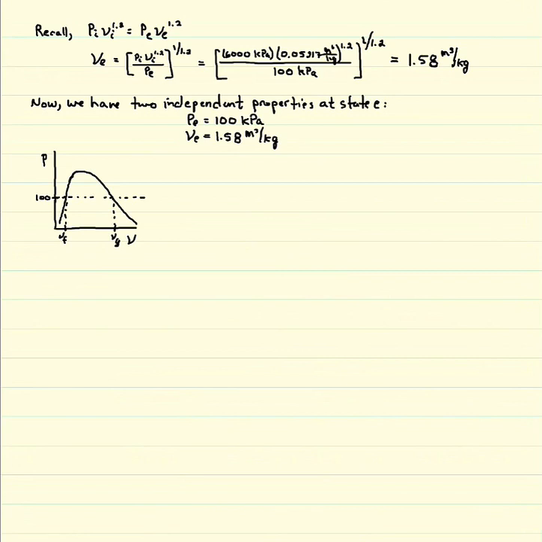So we can look up in table A5, for example, at a pressure of 100 kPa, the saturated liquid specific volume at 100 kPa is equal to 0.001043 cubic meter per kilogram.